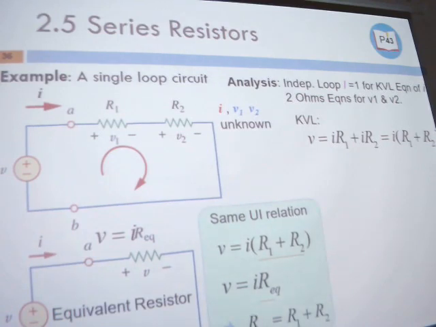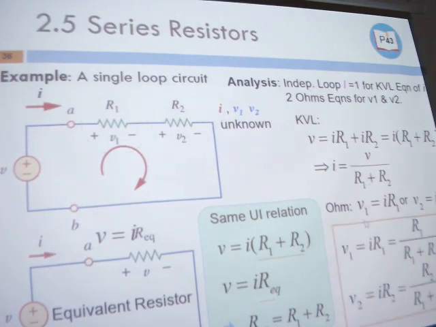Our R equivalent should be equal to R1 plus R2 if we have two resistors connected in series. Okay, and we get our I equal to V over R1 plus R2. For Ohm's law, we get the result of I. Okay, and for Ohm's law, we have V1 equal to IR1 and V2 equal to IR2. And we get all of the results, all of the unknowns. And the problem is solved.